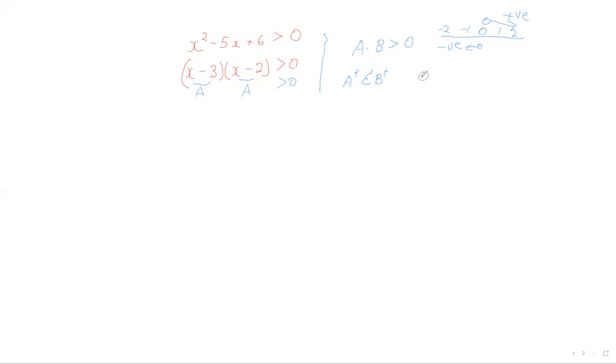Or, now look at that, this is 'or' here. Here we have 'and'. So, the second case could be that your A is negative and B is also negative, because a negative multiplied by a negative will give you a positive.